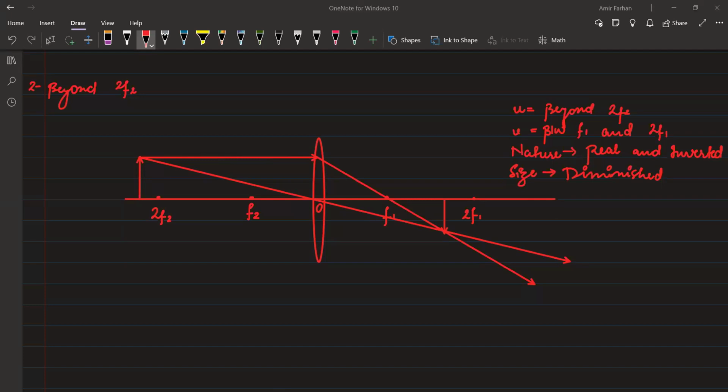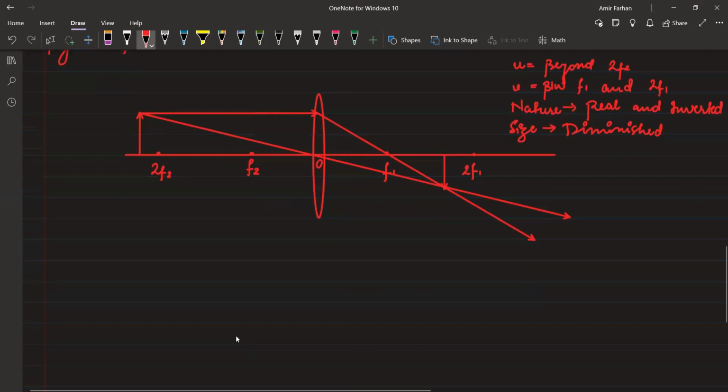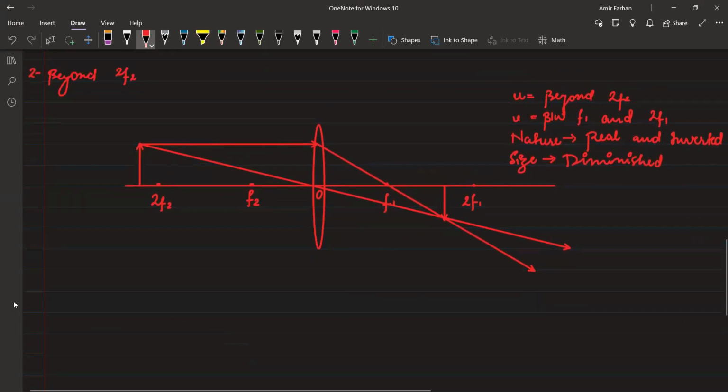Is this clear to all of you? Please let me know. Now the object will move towards the optical center. So the next case is the object at 2F2.